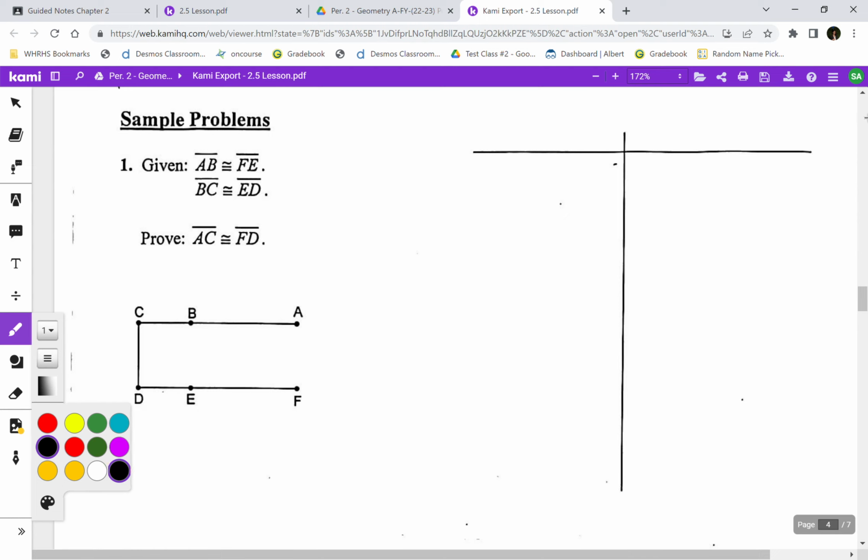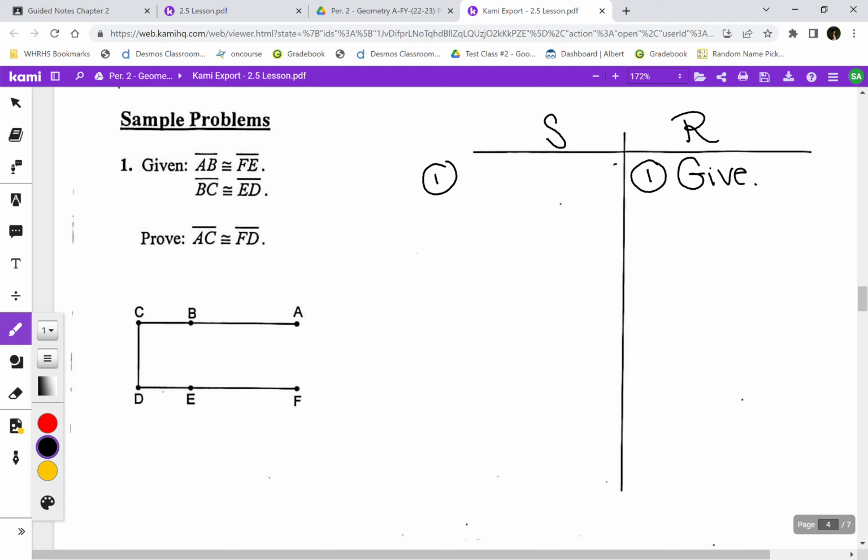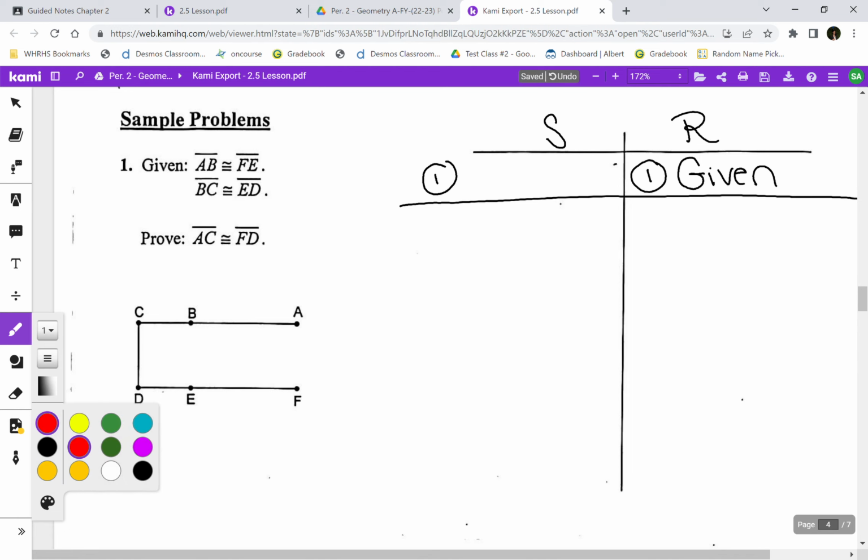All right, to save time, I am not writing out my given. On a test or quiz, you must write out your given. Now let's go ahead and mark up what we have. So here we have segment AB is congruent to segment FE. So I put 1 slash on AB and I put 1 slash on FE.